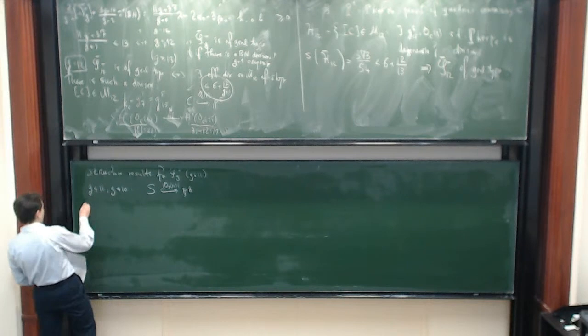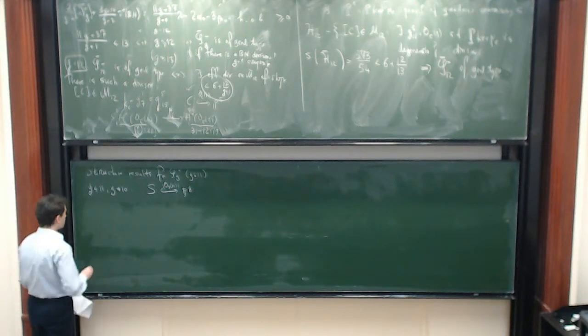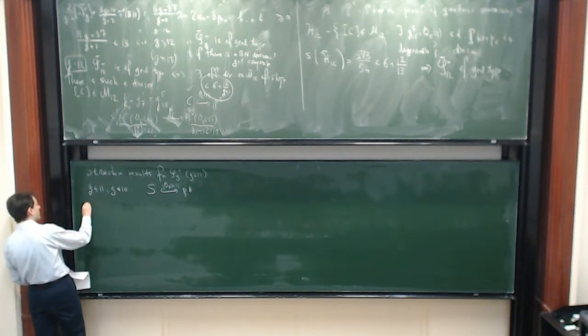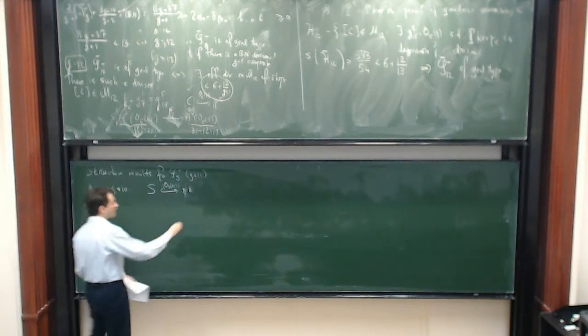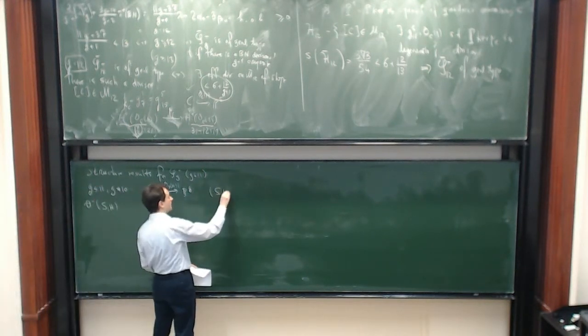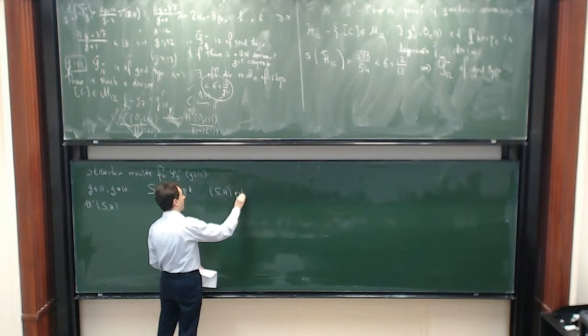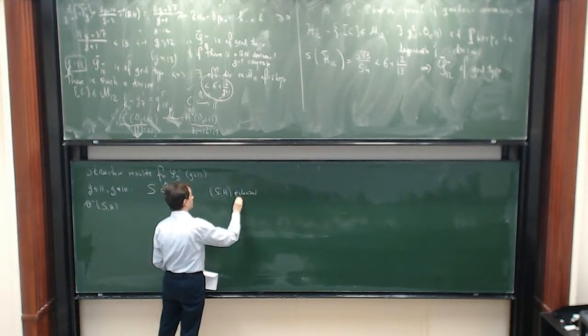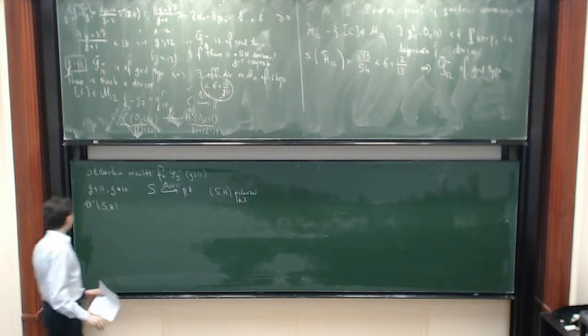I can define what is a theta pencil. I will define, first of all, the following cycle, theta minus of S and H, where S, H is a polarized K3 surface. So what is a theta pencil?